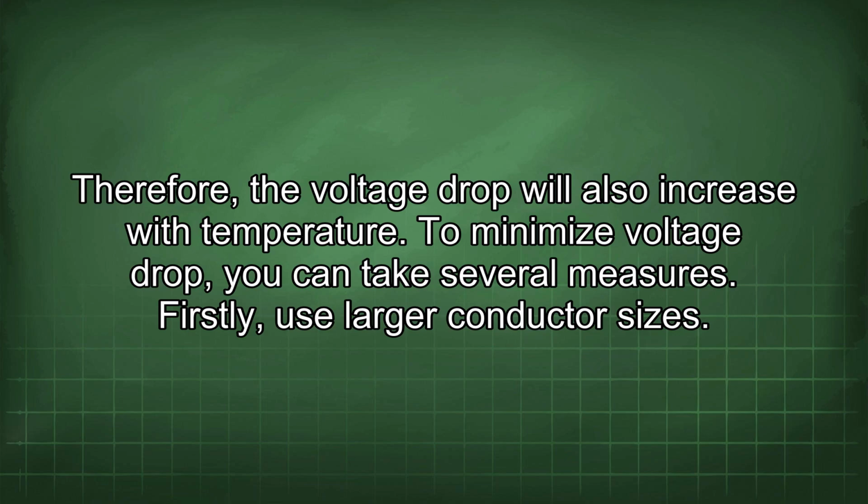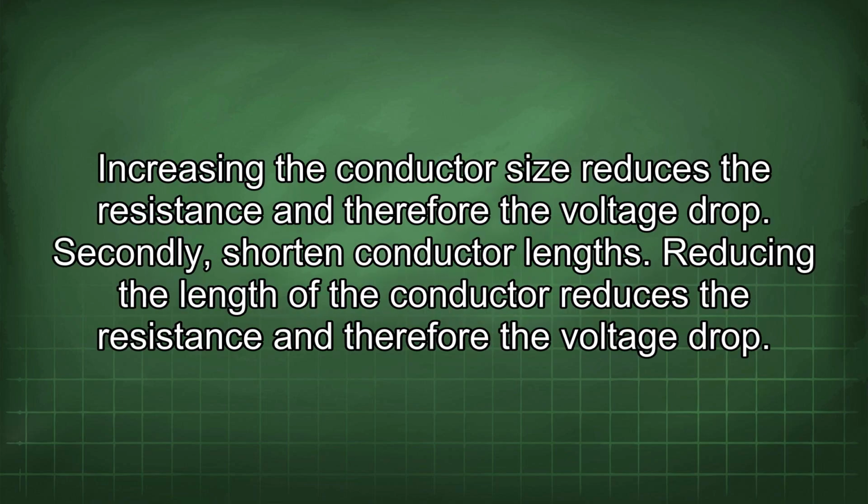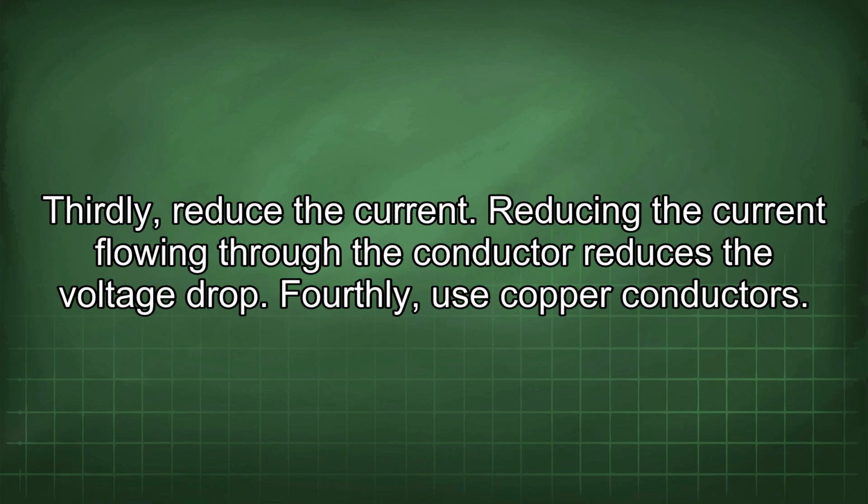To minimize voltage drop, you can take several measures. Firstly, use larger conductor sizes. Increasing the conductor size reduces the resistance and therefore the voltage drop. Secondly, shorten conductor lengths. Reducing the length of the conductor reduces the resistance and therefore the voltage drop. Thirdly, reduce the current.